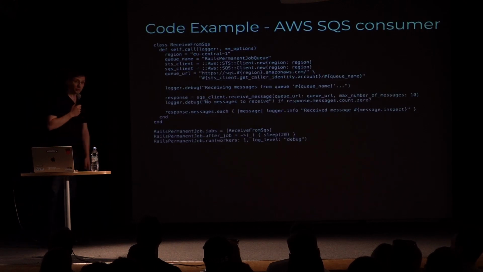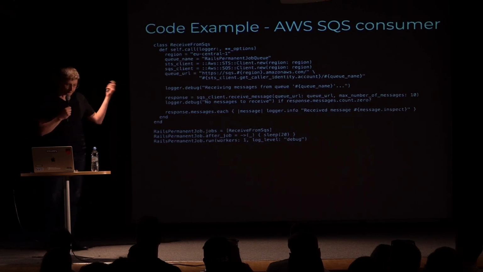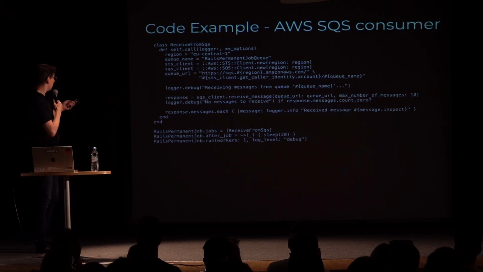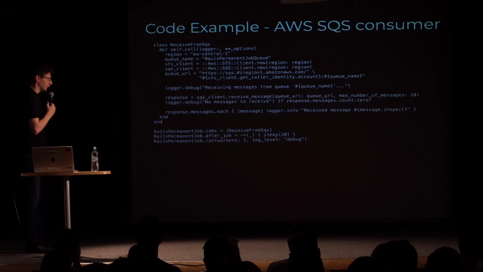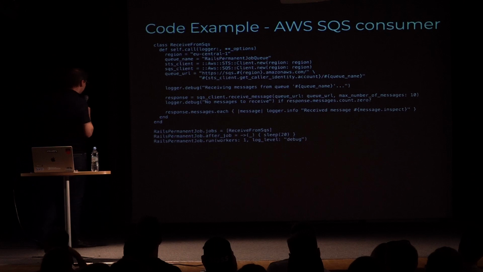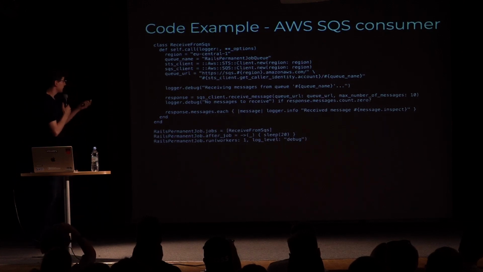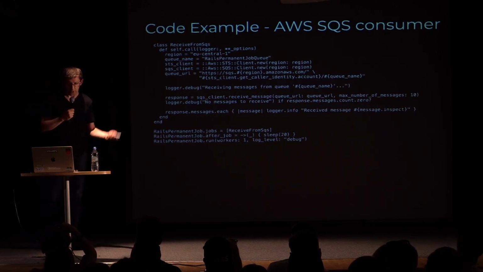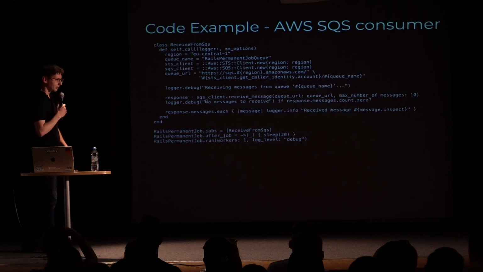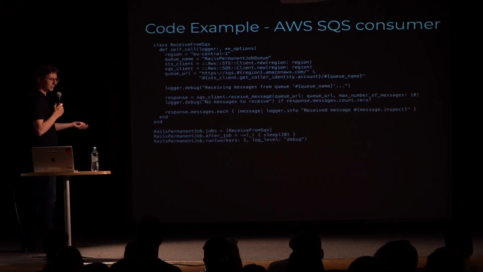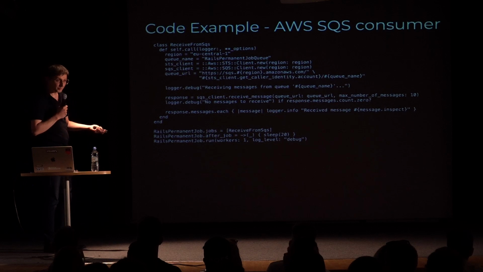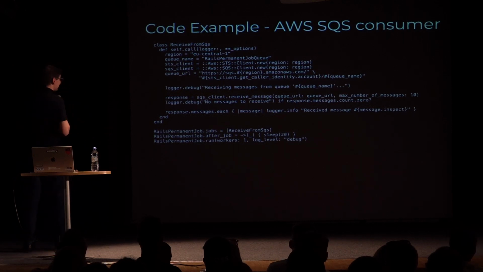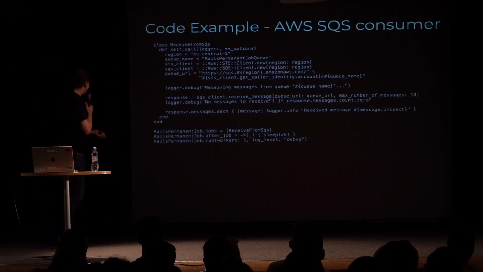And maybe one actually useful example. You will find all those examples with this one as well. This is the only real life example in the examples folder. This is AWS SQS consumer code. It is probably found somewhere, either in documentation or on Stack Overflow, but it actually works. I've tested it.